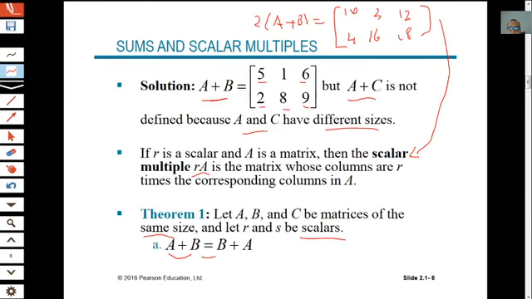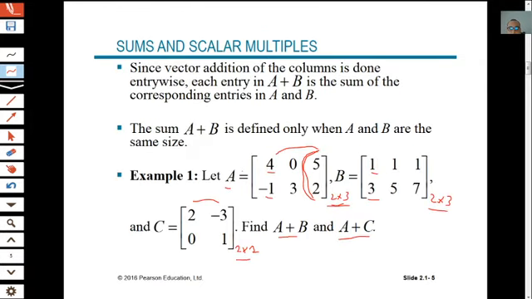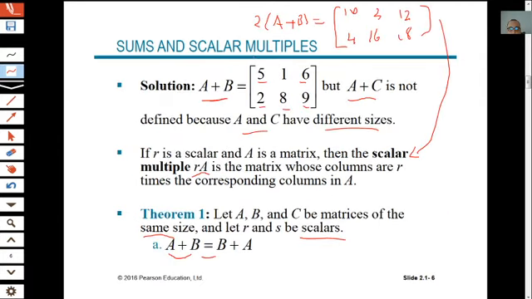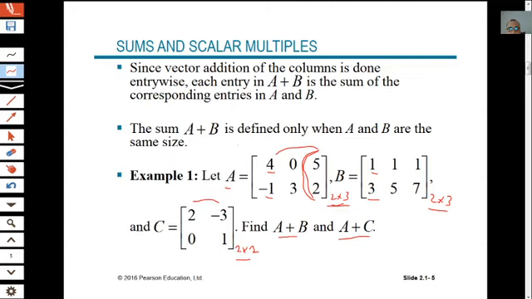For example, like this one, we can find the same result, namely, this also can be found as 2 times A plus 2 times B according to the property. Let's find first 2A. We will get the same result, as you will see now. 2 times A is 8, minus 2, 0, 6, 10, 4.